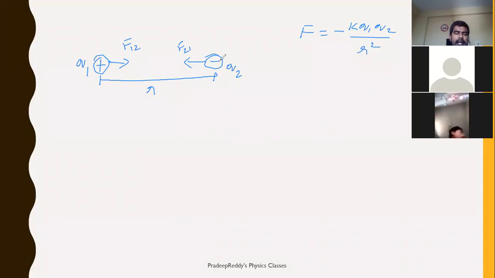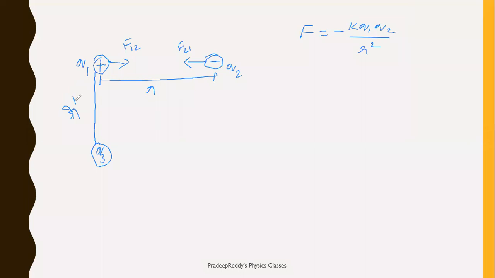Now I will be taking another charge, say Q3, and that Q3 is placed over here. I am placing another charge Q3, which is separated by a certain distance, say R dash, from charge Q1. Obviously, there will be a force of attraction or repulsion that depends upon the sign of that particular charge, right?